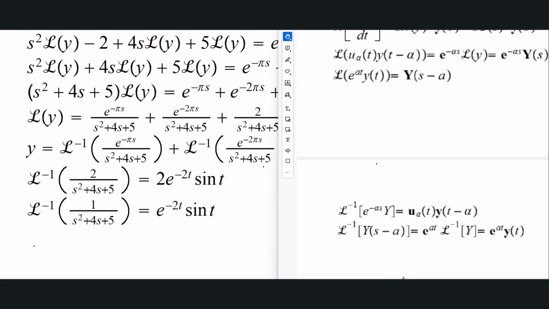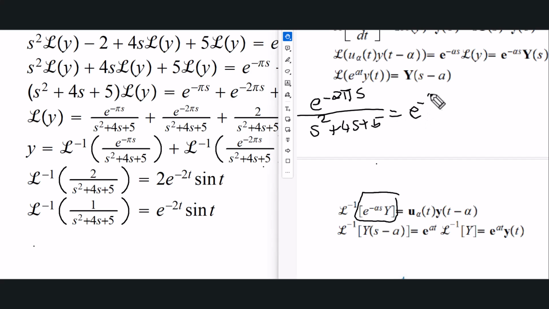When we look at this, e to the negative 2 pi s over s squared plus 4s plus 5, this may be written as e to the negative 2 pi s times 1 over s squared plus 4s plus 5.